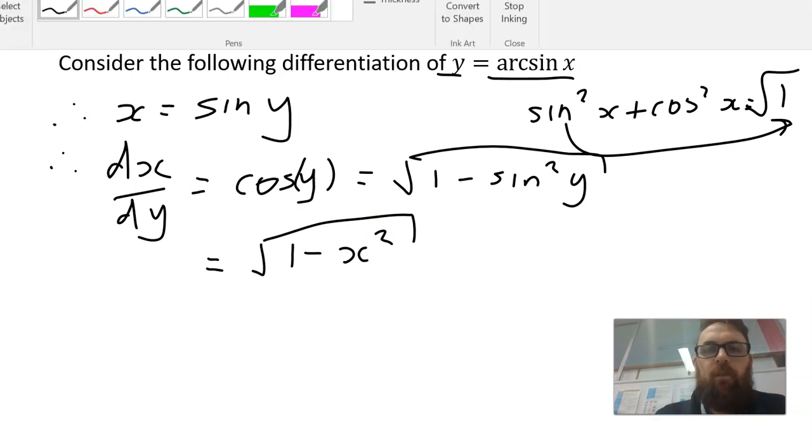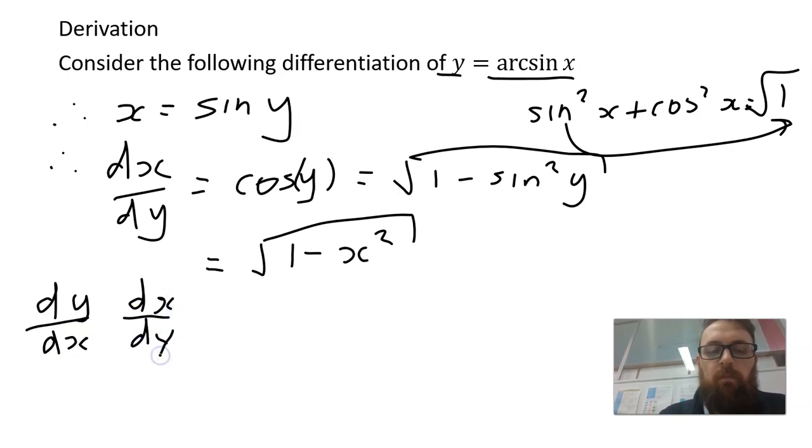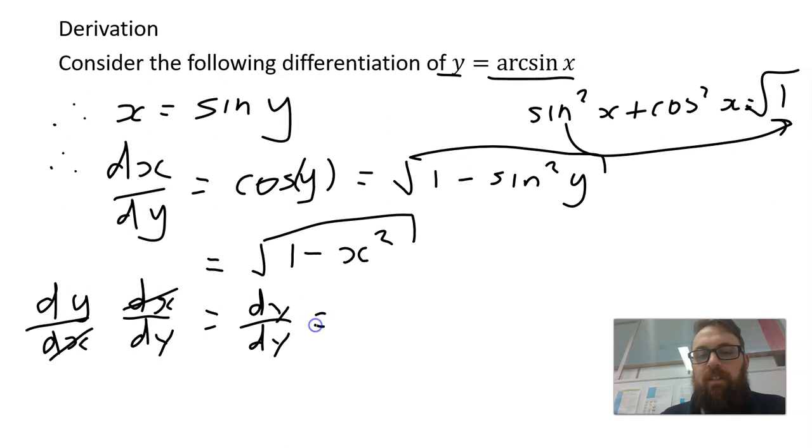All right, now we've got to jump to another rule we've learned, the chain rule. So if we've got dy by dx and dx by dy, by the chain rule we learned that we could cancel out these ones and we're left with just dy over dy. We've got the same thing on the numerator and the denominator, so that means it has to equal 1.